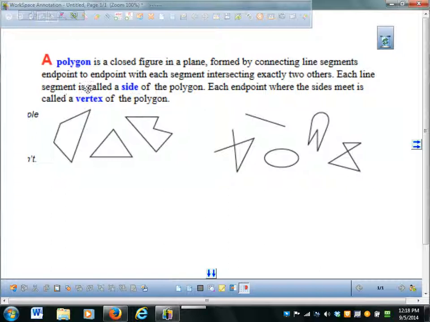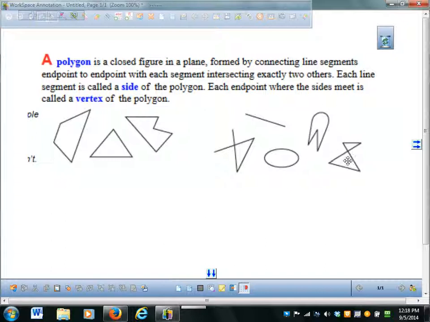Each line segment is called a side of the polygon, and each endpoint where the sides meet is called a vertex of a polygon. So that's kind of all you have to know. A polygon is a closed figure in a plane formed by connecting line segments. So this could not be a polygon because it's got a curve.